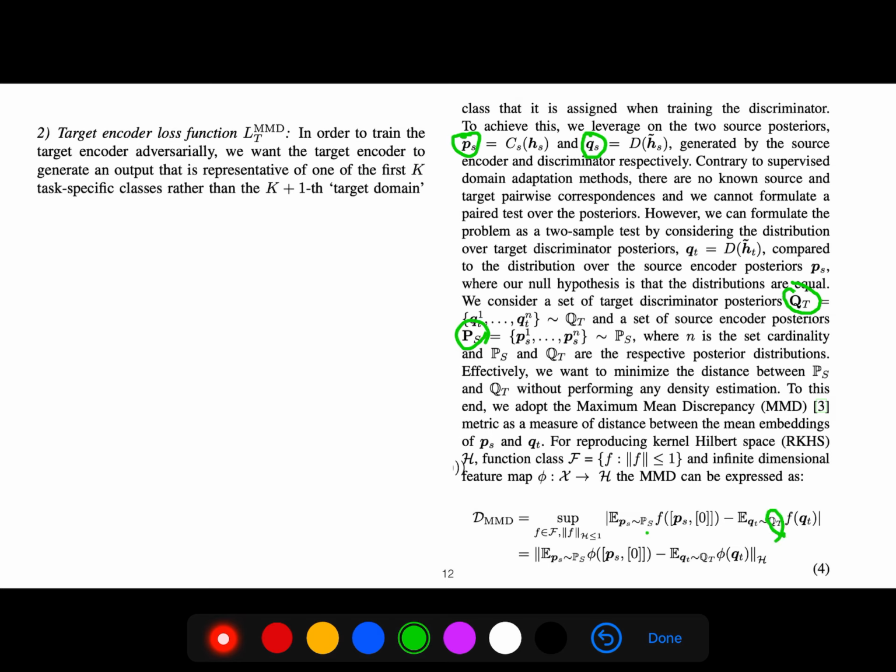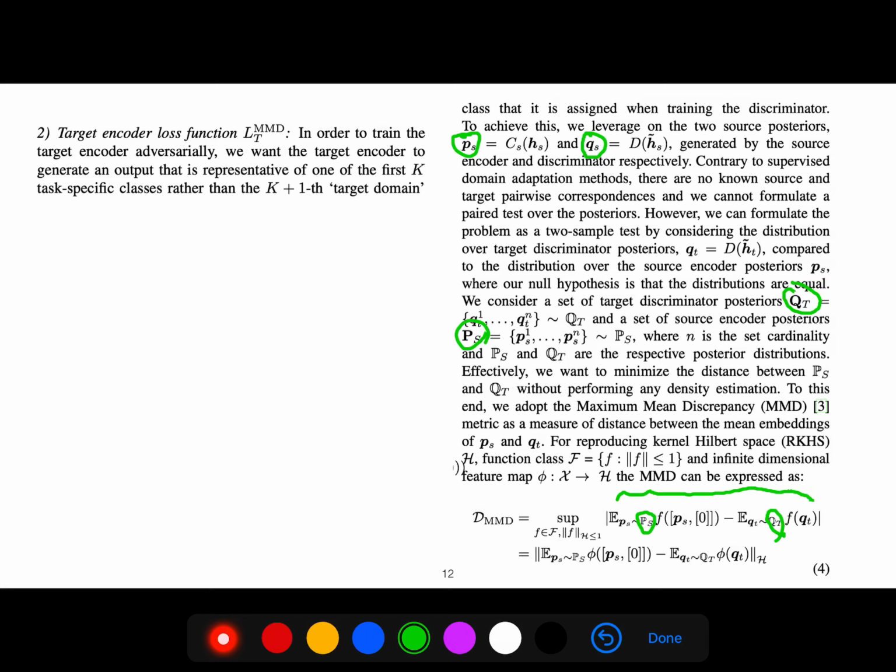So these two distributions are very important, and N is just the set cardinality, and P and Q are the respective posterior distributions. So we want to minimize the distance between P sub S and Q sub T, the respective posteriors, without performing any density estimation.